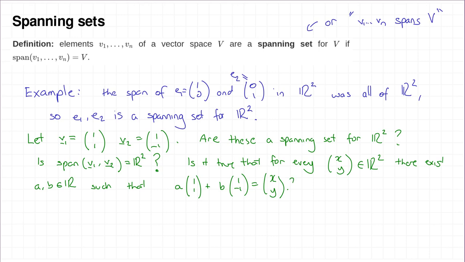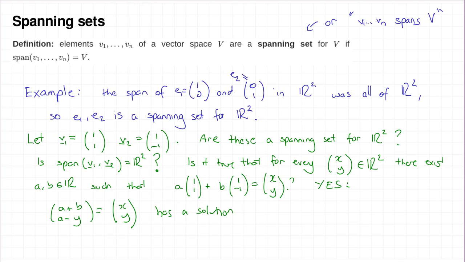So the answer is yes, as I just said. Because this is just a matter of solving linear equations. If you collect together those two vectors on the left, what you have is a plus b and a minus b on the left. So this has a solution.